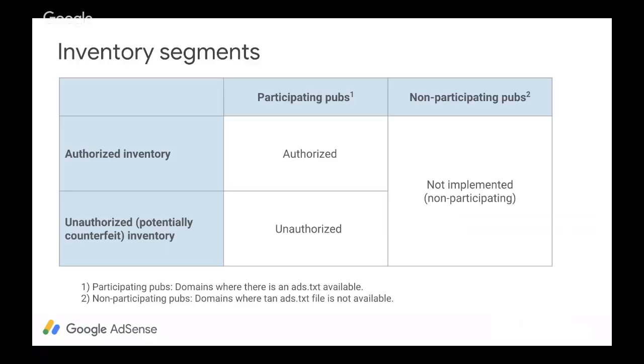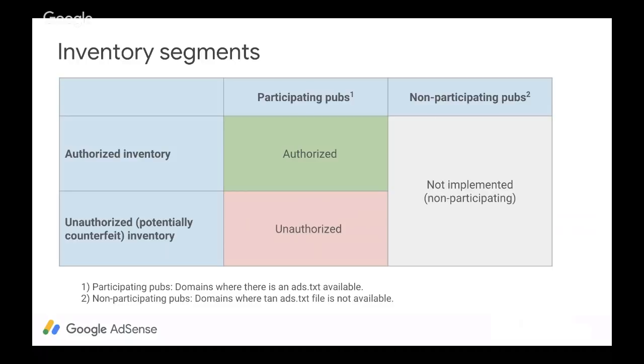If they publish an ads.txt file, the inventory can either be authorized when a certain publisher ID or seller ID is present in the file that is published, or it can be unauthorized if the domain has an ads.txt file published, but a certain publisher ID or seller ID that an ad request is coming from is not listed in that domain, which means the inventory is unauthorized or can potentially be counterfeit.